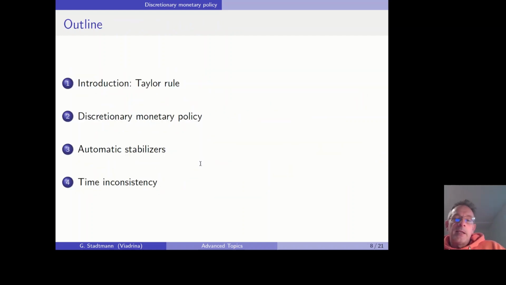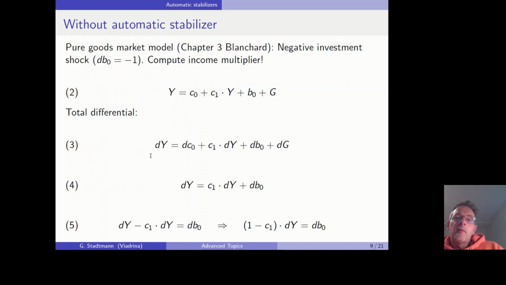In the next step, I would like to talk a little bit about automatic stabilizers, because in the original Taylor paper, which was published in 1993, he also talked about the benefit of automatic stabilizers. So let's use a very simple macroeconomic model.